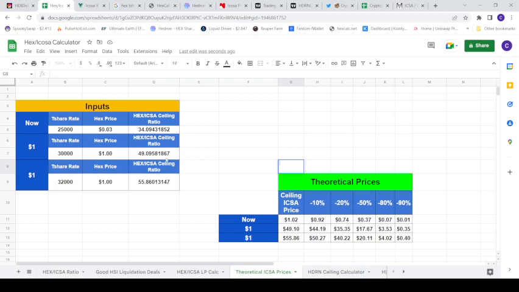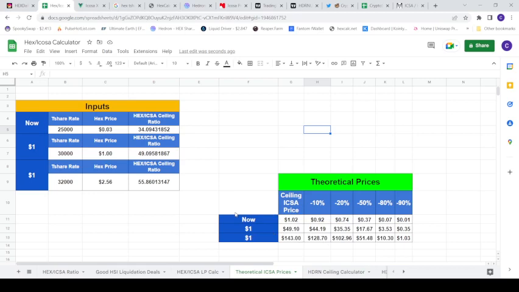Now let's check out this one, where I think it could go, $2.56. Now the numbers are just getting out of control, right? $50 at a 50% discount, and $143 at the ceiling price.